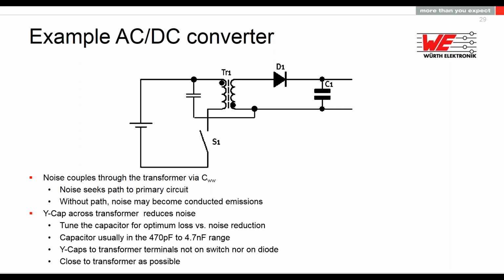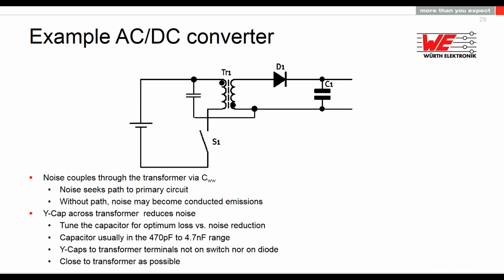If you now are clever and you put by yourself a Y cap from primary hot, plus side, close to the transformer, to secondary ground, you can play with this capacity, and now the noise will take that path which you can tune by yourself. The winding to winding capacity is just by accident, and this cannot be controlled very well.